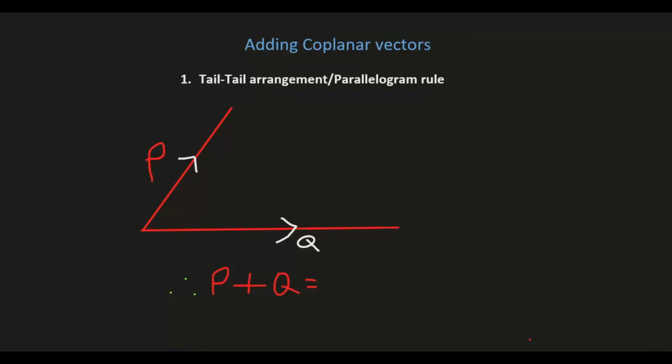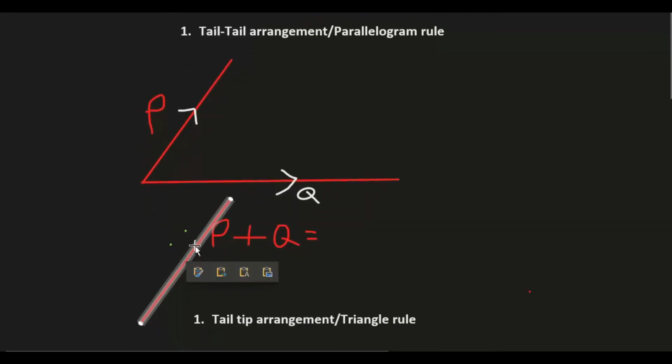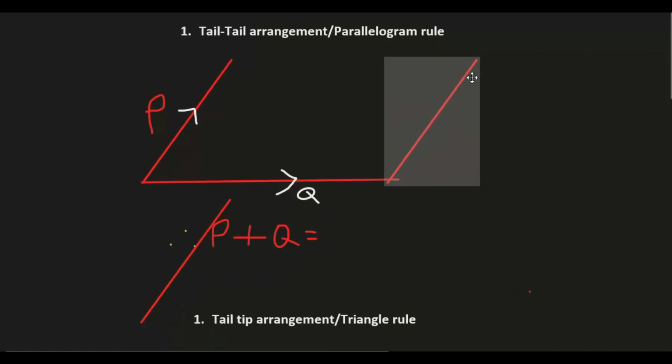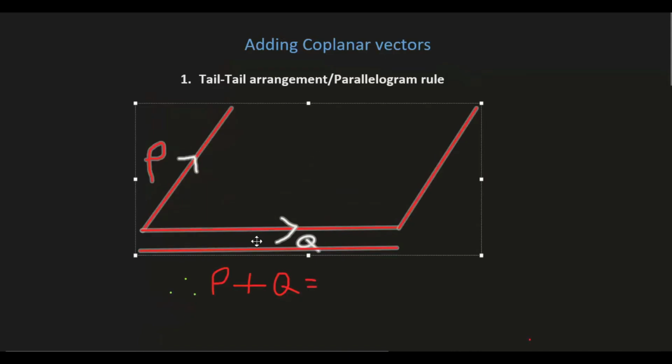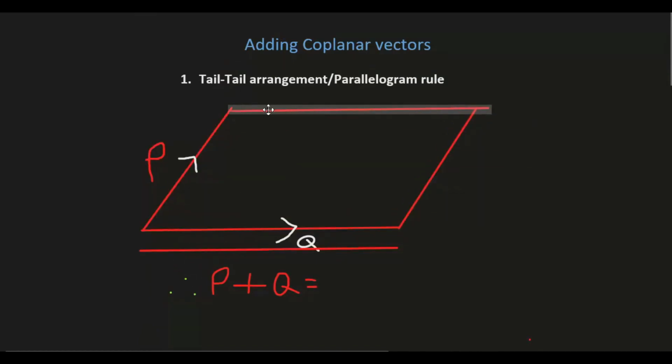So how to solve a vector like this? Well, basically we will follow the parallelogram rule, which is pretty easy. What we are going to do here is draw a parallelogram. Okay, let's just assume that it's a parallelogram, and we will copy this too. Just let's assume that these are connected and there is no extra.